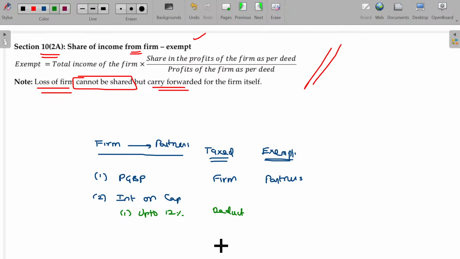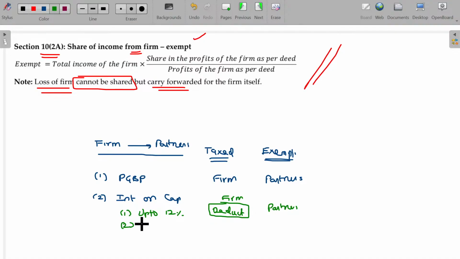As it was deducted there, it is not taxed there. As it is shown as an expense and it reduces the profit, so as it is already deducted from the firm, it is not going to be taxable in the firm. As it is not taxable in the hands of the firm, automatically it is taxed in the hands of partners. Okay, for the firm it is deductible.